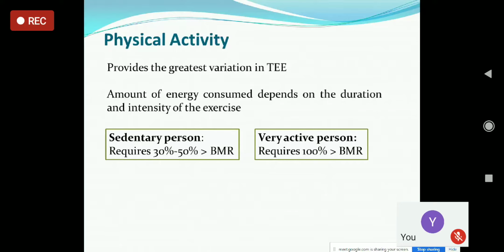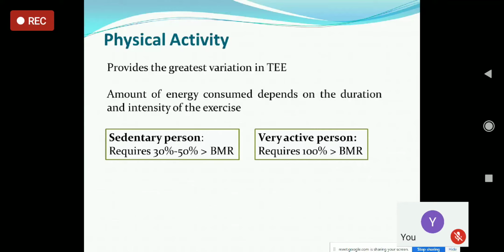The total energy expenditure of various individuals is widely different, and the major factor that provides this greatest variation in the total energy expenditure is physical activity. The amount of energy consumed depends on the duration and intensity of the exercise.